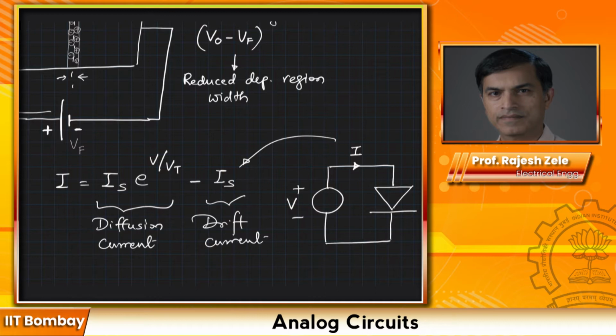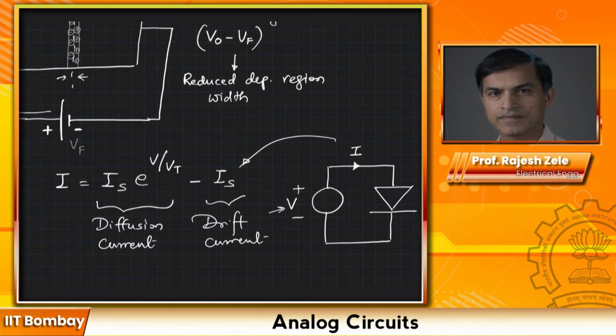I is equal to Is exponential V divided by Vt minus Is, V being the forward bias potential that we have applied in this case. Okay, so let's see how this equation really fits into all the things that we have learned so far about the diode.